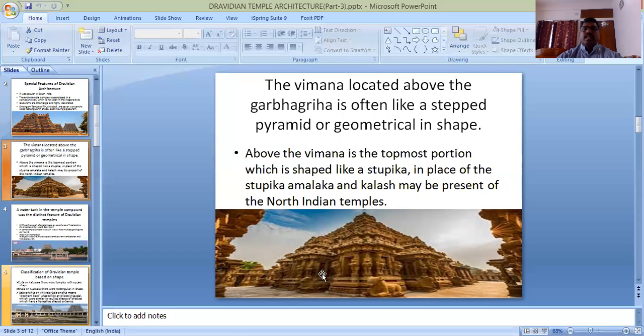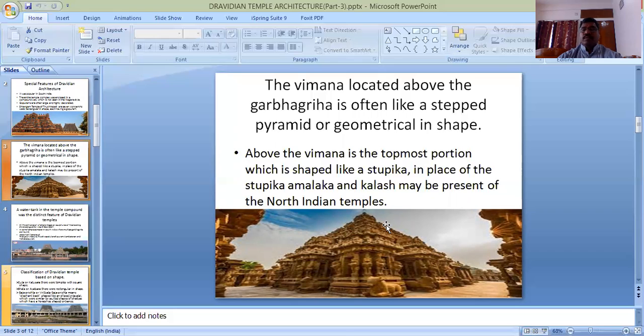The Vimana located above the Garbhagriha is often like a stepped pyramid or geometrical in shape. That means the Vimana, from the Garbhagriha to the Kalasa, is like a stepped pyramid, a pyramidical structure, and also geometrical in shape.